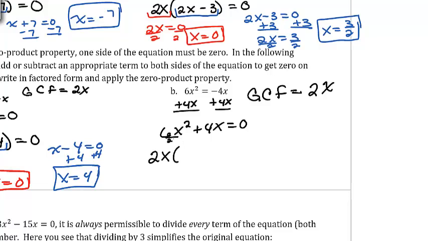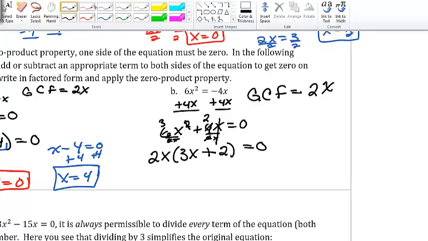And so again, we're dividing both of these terms by 2x to figure out what goes in our parentheses, and 2 goes into 6 3 times, and this x cancels with one of those, so I'm left with 3x, and then plus, these x's cancel, and this 2 goes into this 4 twice, and so we're left with 3x plus 2, and it's equal to 0.